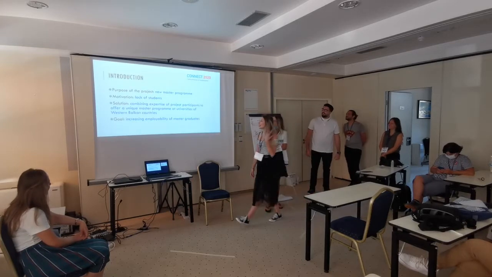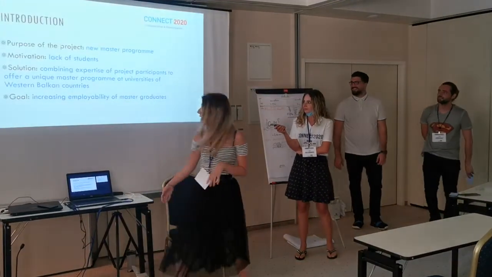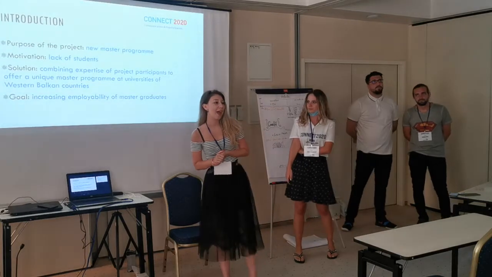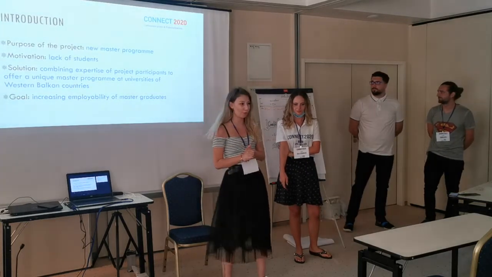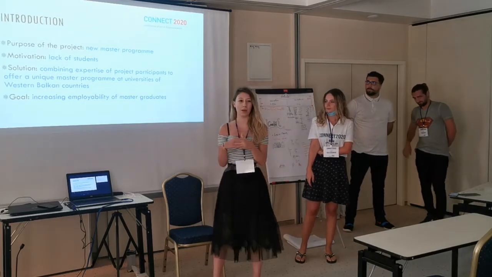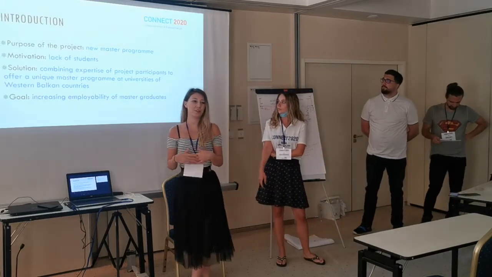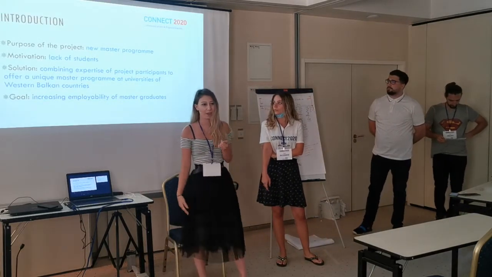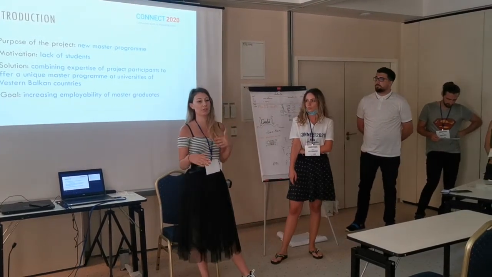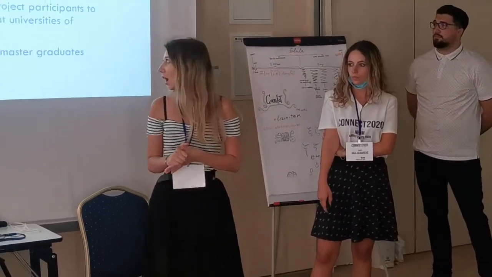Okay. So when you're writing a project proposal, the first thing you need to write is the introduction. The thing to write in the introduction is, first of all, you have to state the purpose of the project, and in our case, that's a new master program. Then you have to write the motivation. What made you want to write a project on that theme? Which in our case was lack of interest of students in physics and lack of physics teachers. And then you have to add what your plans are to solve those problems, the solutions.